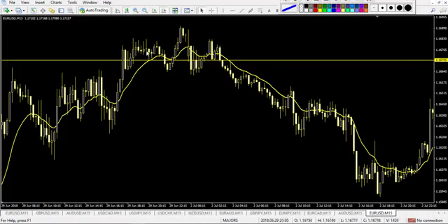So the 13 is interesting here because it permits you to avoid this fake, because this looks like an M, and if you just took the pattern alone, you will enter here, your stop loss is here, and you will get out with this specific leg. And if you wait for the 13 EMA, you wait for this break here, and it comes back up, and you will enter only here, and your stop loss is here, and you never get out.